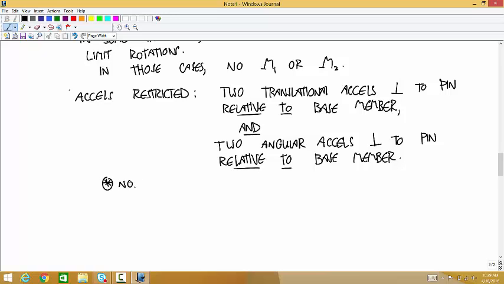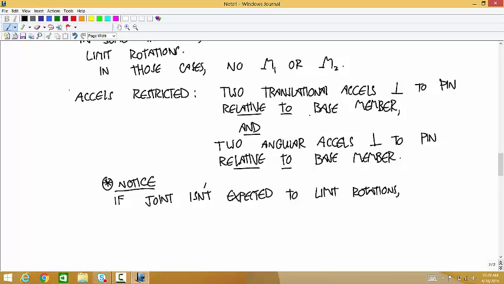And the same thing is with the forces. Notice that if this joint isn't expected to limit rotations, you'll leave off those two angular accelerations.